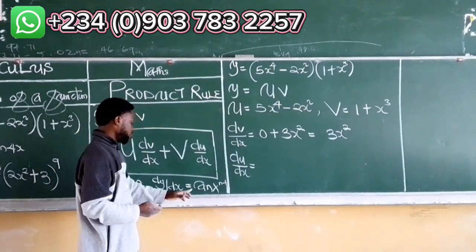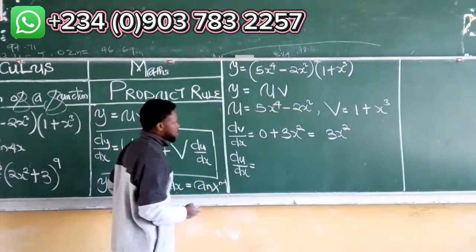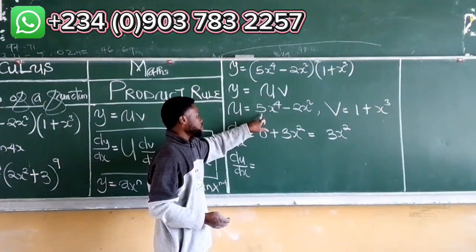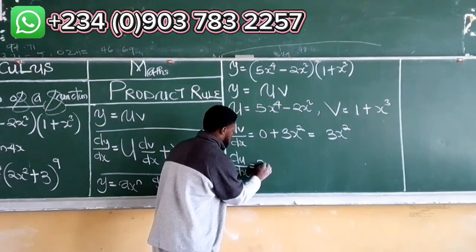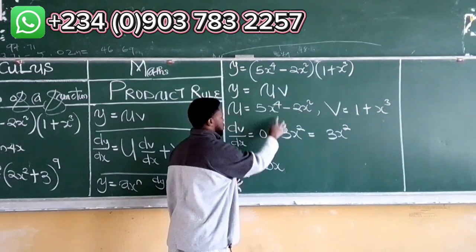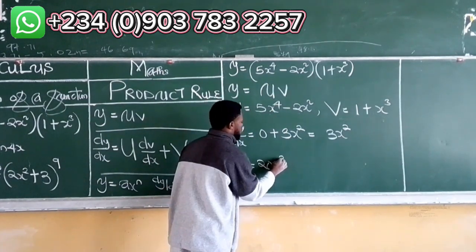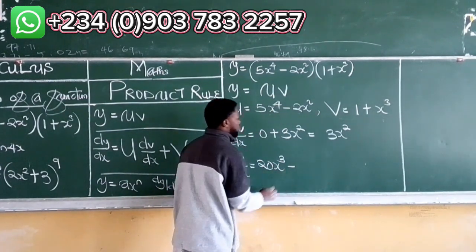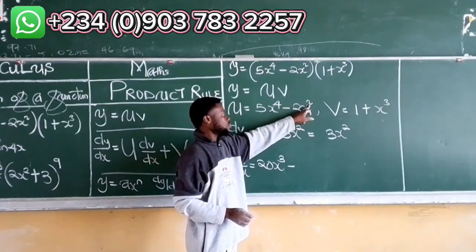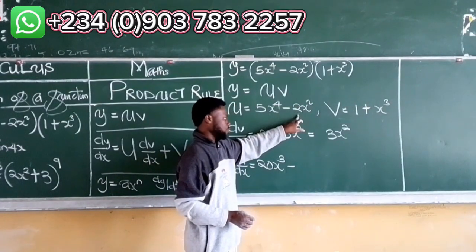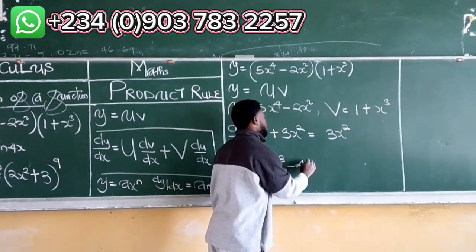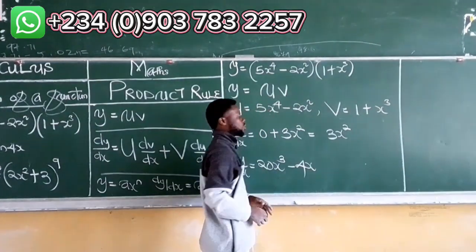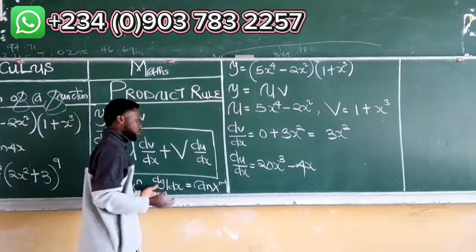Applying the derivative formula, we obtain the power times the coefficient. 5 times 4 gives 20x, subtract 1 from the power, becomes 3, minus 2 times 2 gives 4, then subtract 1 from the power, it becomes 1, and that becomes the final result.